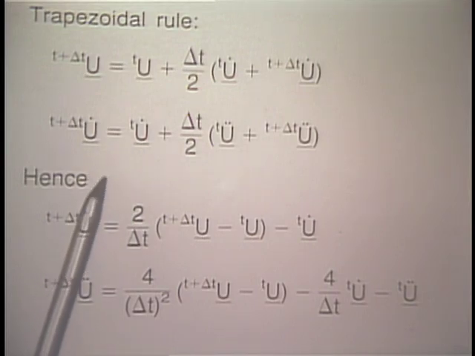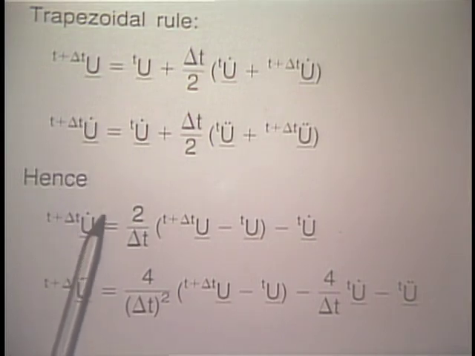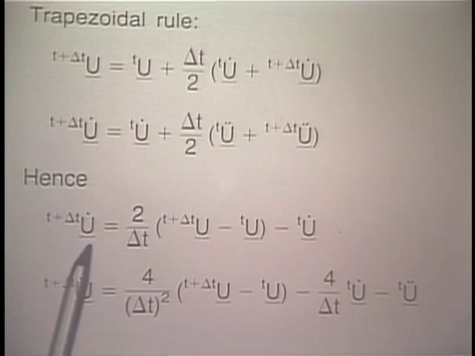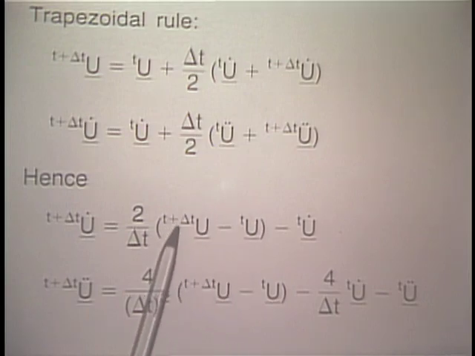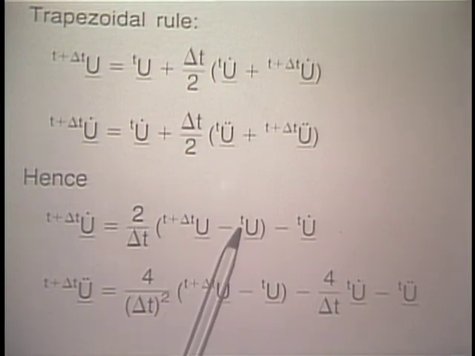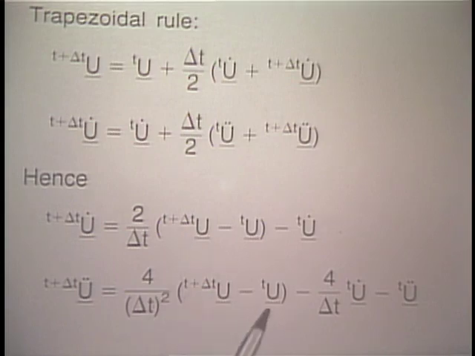If we rewrite these equations, we directly obtain the velocities and accelerations in this form. Notice there is here the increment in displacement from time t to time t plus delta t. Similarly here.